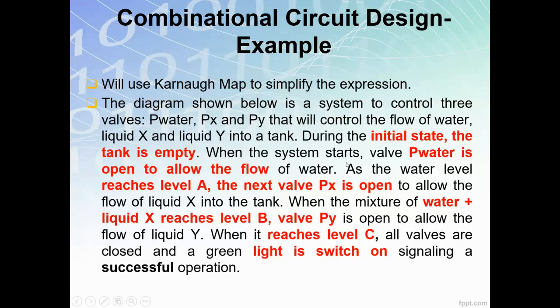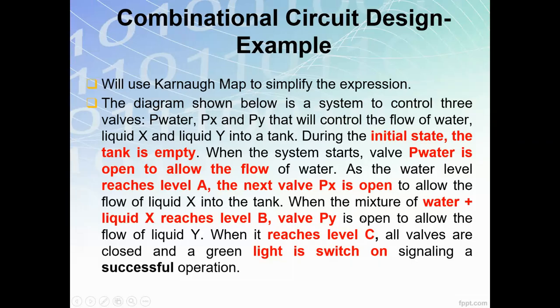So when the system starts, the valve of P water is open to allow the flow of water. As the water reaches level A, the valve of PX will open to allow the flow of liquid X into the tank.